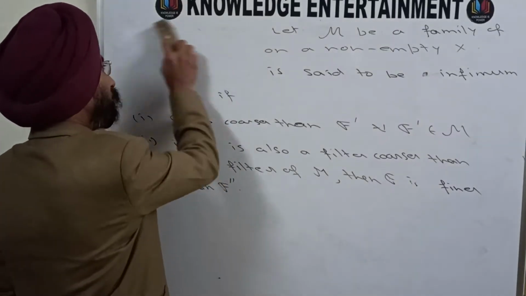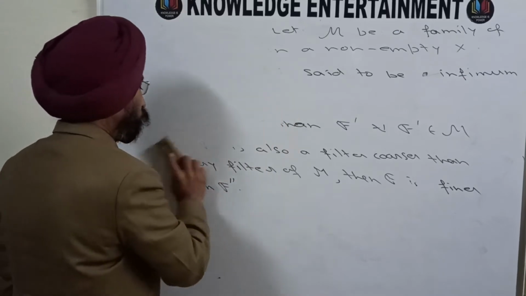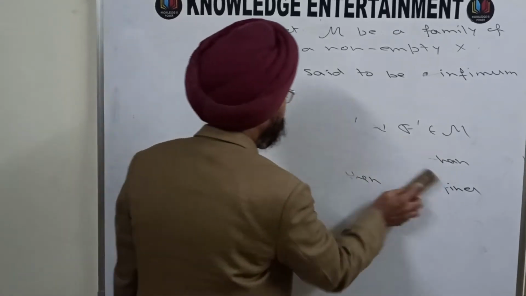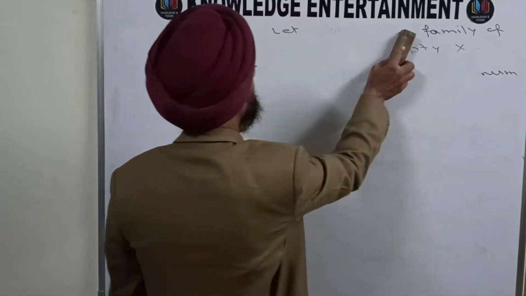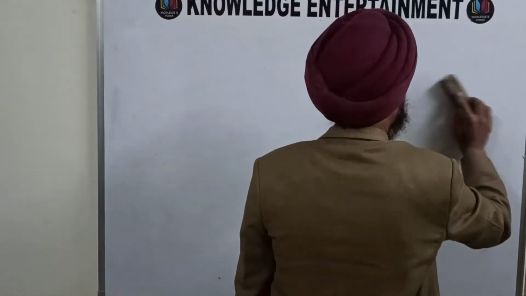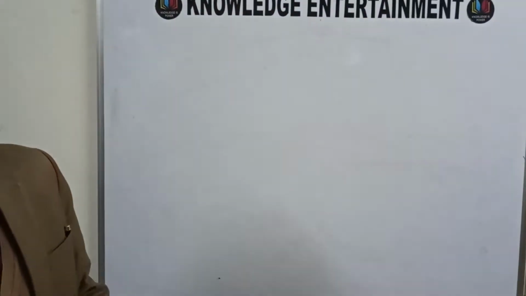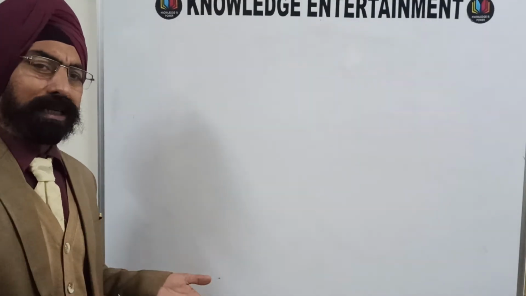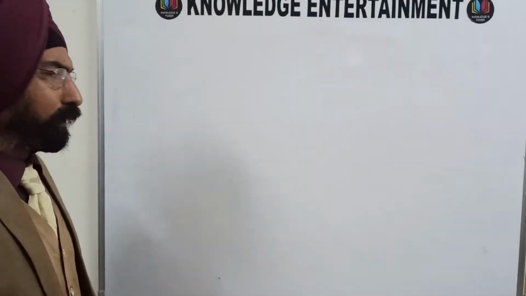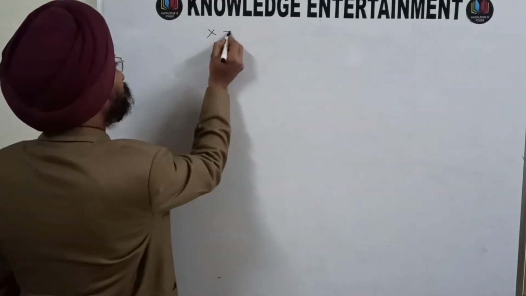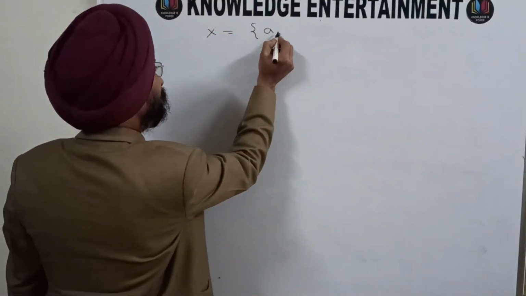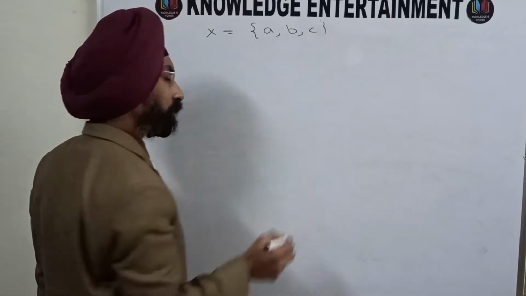Now we move on to some examples of supremum and infimum of a family of filters. For that, we have to define a set X, some filters on it, then a family, and then we will take the supremum and infimum. So let X be the set {A, B, C}.